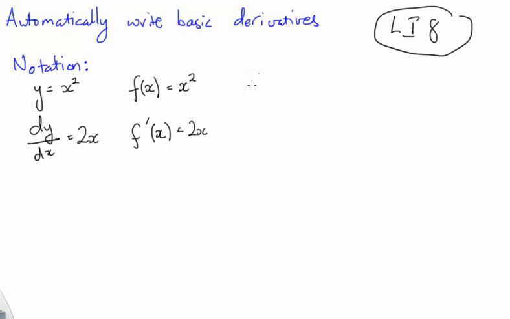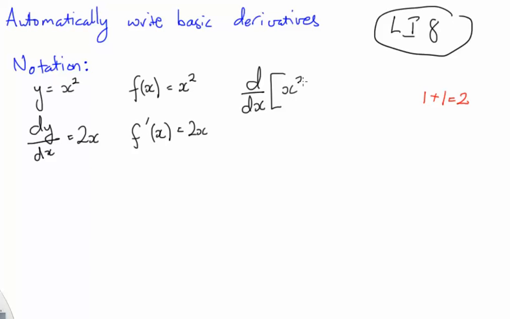Lastly, you can think of the derivative as an operator. So an operator is something that does something. So if I have 1 plus 1 equals 2, the operator is the plus symbol because it operates, it changes things. So if plus is an operator, this is the derivative operator, and you can operate on what's in the brackets.